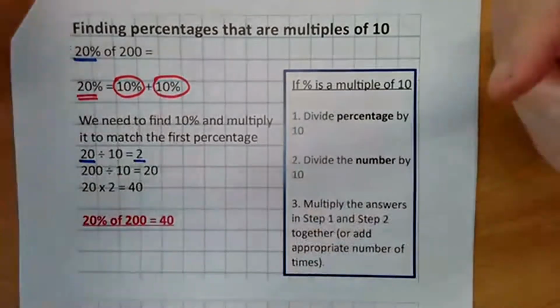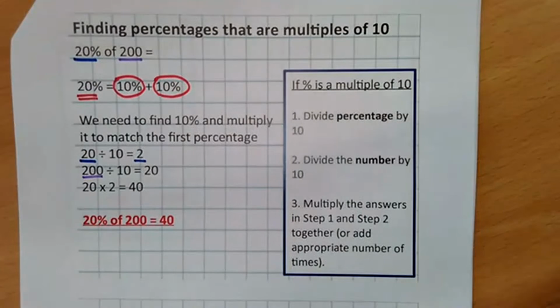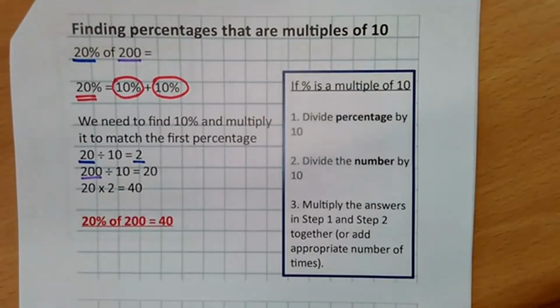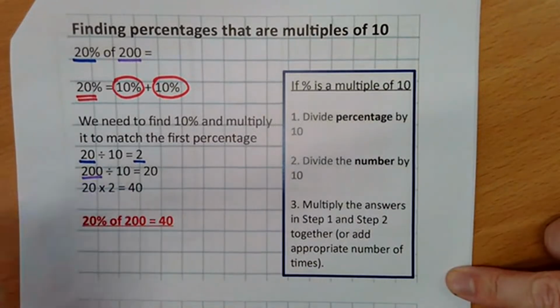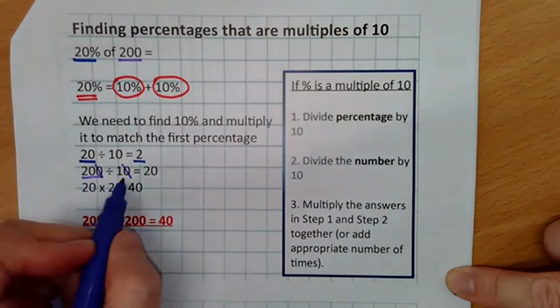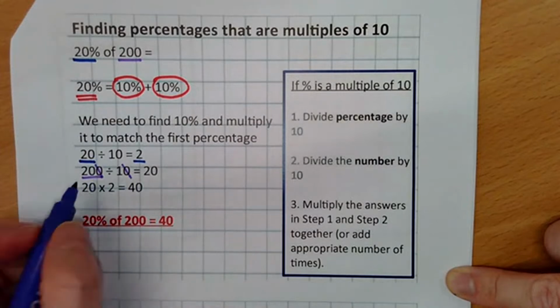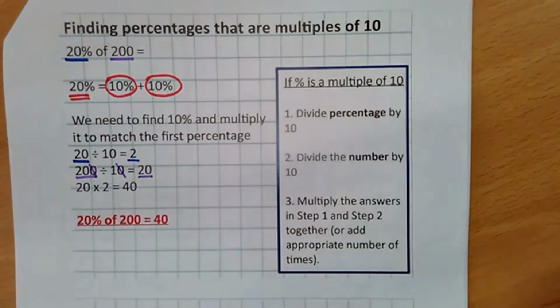So this is my number here, and I'm dividing that by 10. Again, I can use my 10 times tables, or I can use my cheat way, which is if both numbers have a 0, then you can just cancel out 1 0. The 10 just has 1, so I'm going to cross out only 1 0 from my number. And now this is easier. 20 divided by 1 equals 20.